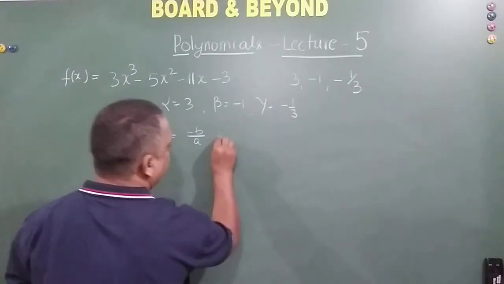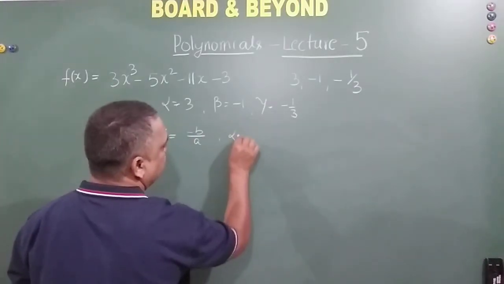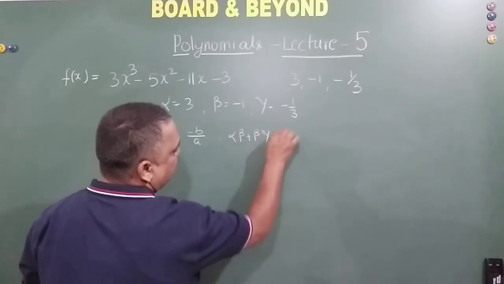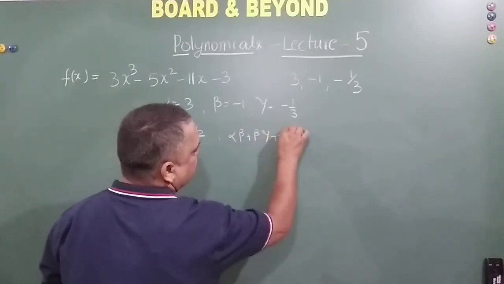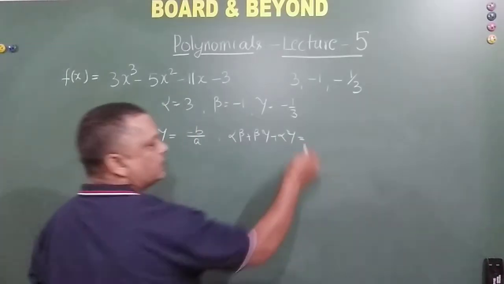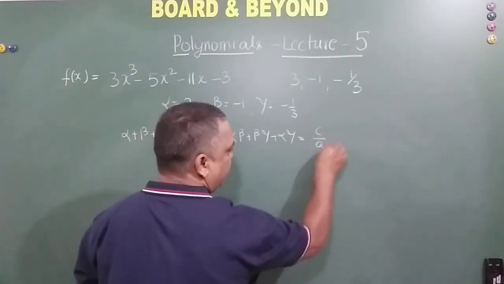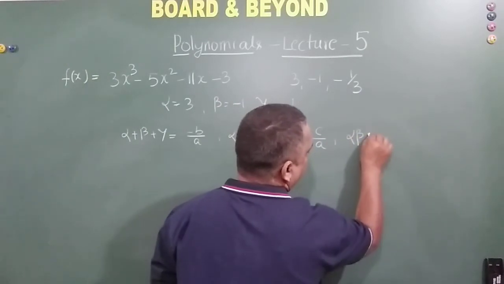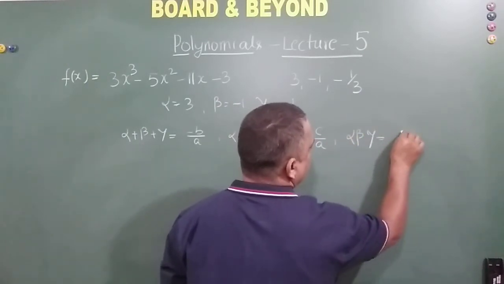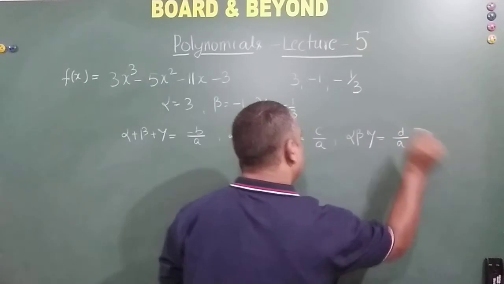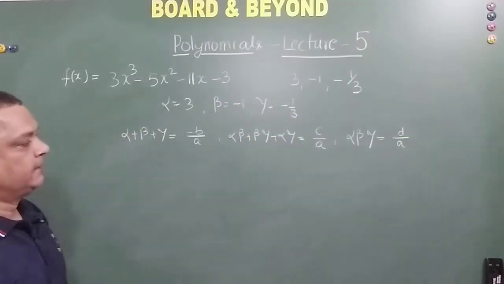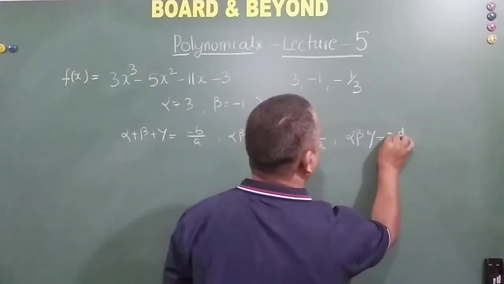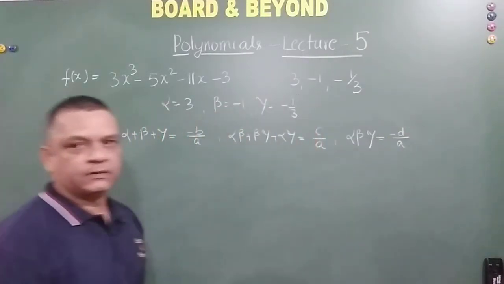And we also know that alpha beta plus beta gamma plus alpha gamma is equal to c by a. And we know alpha beta gamma is equal to d by a, or minus d by a. Yeah, minus d by a.